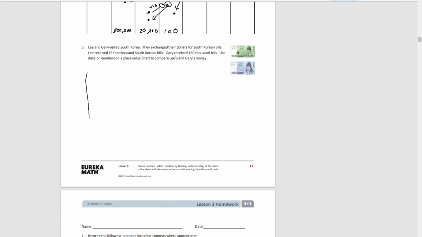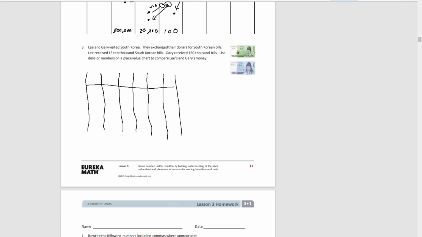Okay, let's draw our place value chart. And let's put Lee's money on the place value chart.